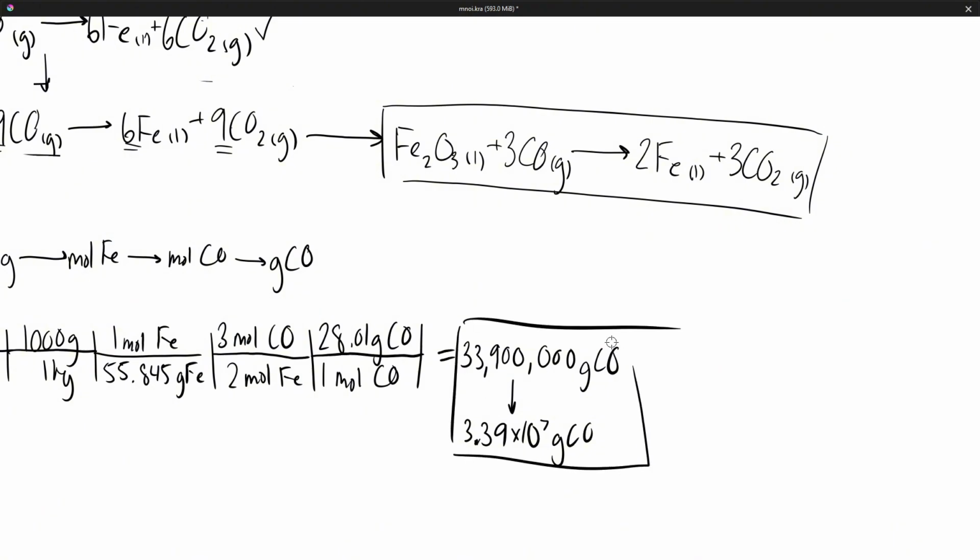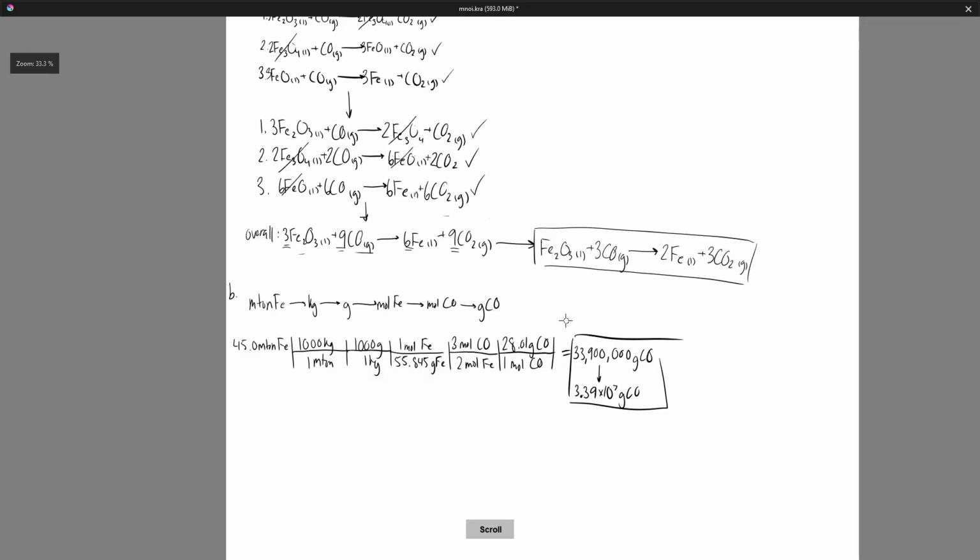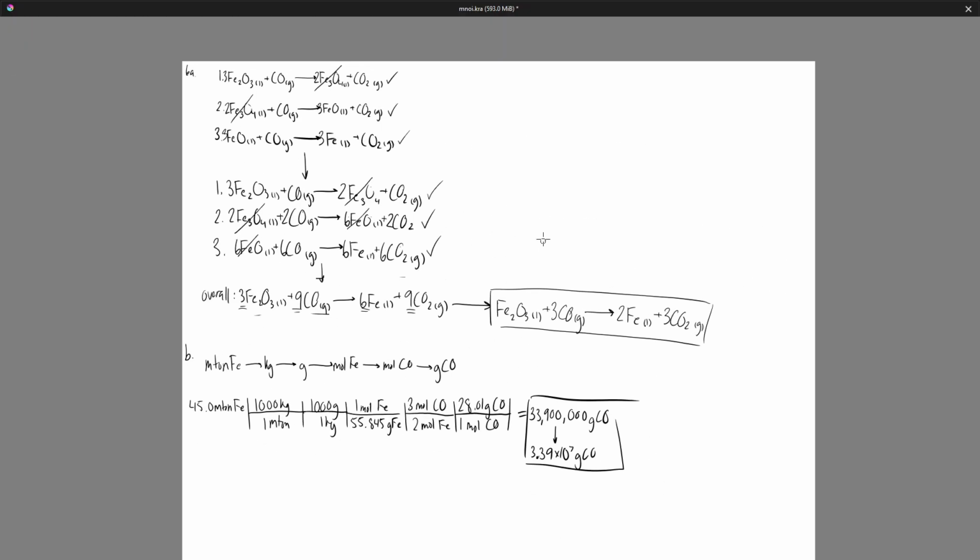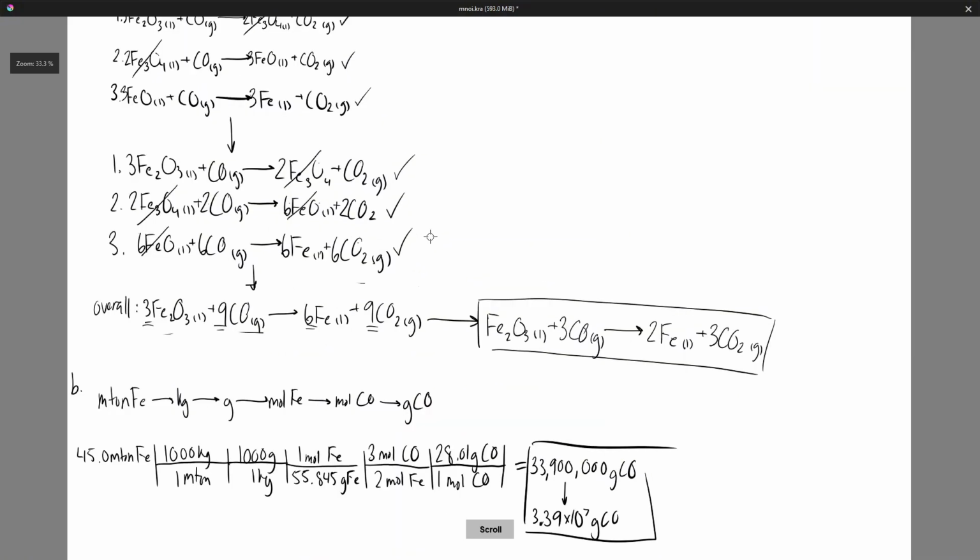And that should be what you should be getting. So these multi-step ones are pretty confusing since you gotta shuffle around coefficients and stuff. But if you keep track of everything, it should be easy. Or easy-ish, I mean.